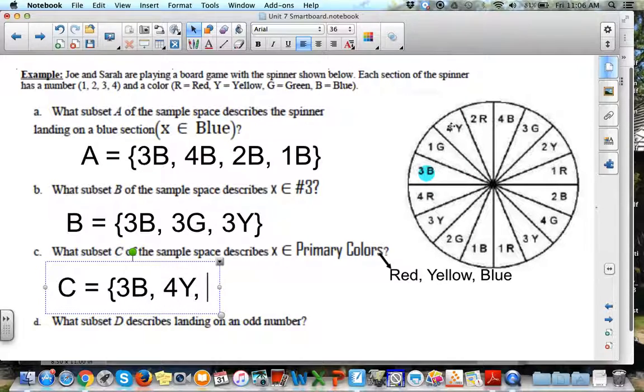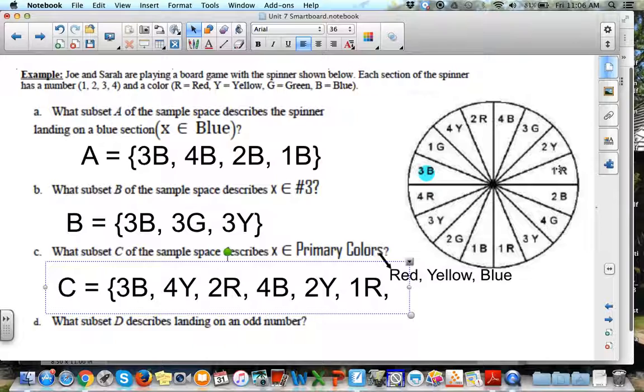Green is not. 3Y, 2 red, 4 blue, not 3 green, 2 yellow, 1 red, 2 blue, not 4 green, 3 yellow. We've already listed 1 red, so we don't need to do that again. 1 blue, not 2 green.